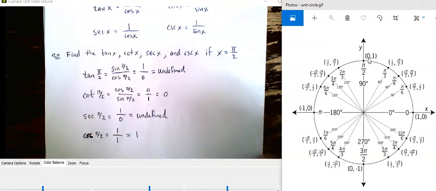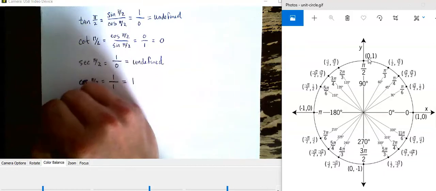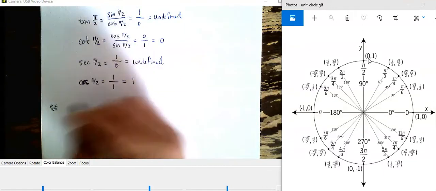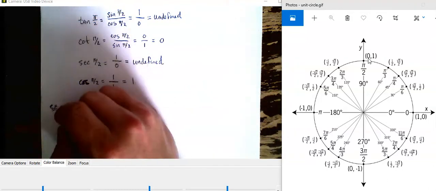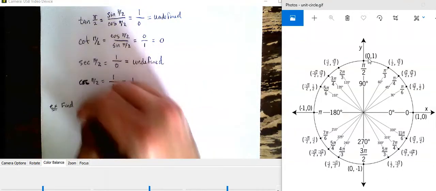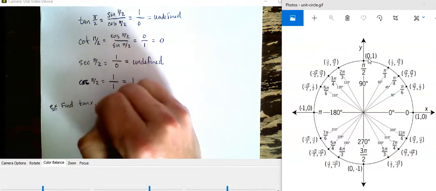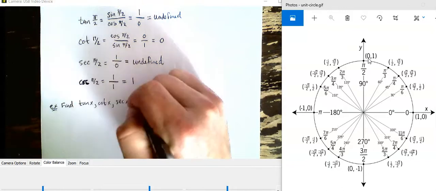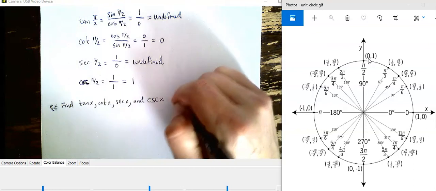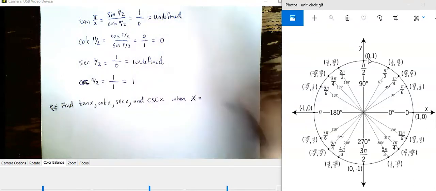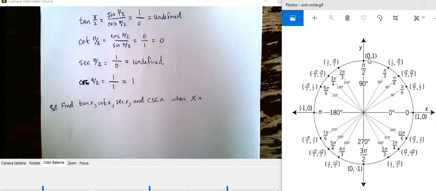All right. Let's try another one. We're going to do the same thing. Find tangent, cotangent, secant and cosecant of x when x is, let's do 3 pi over 4.